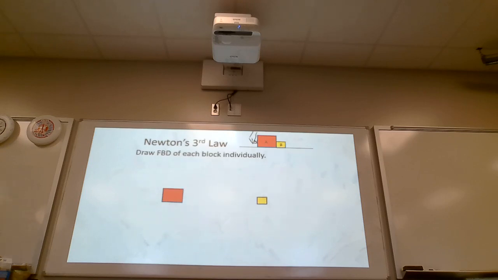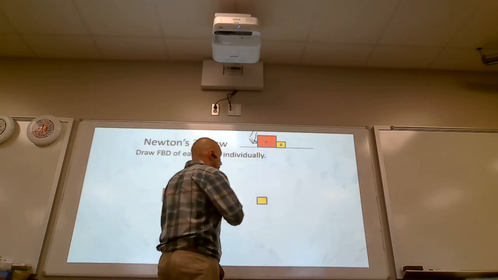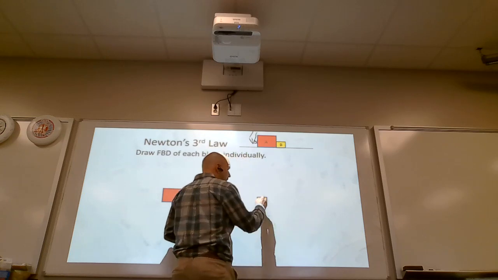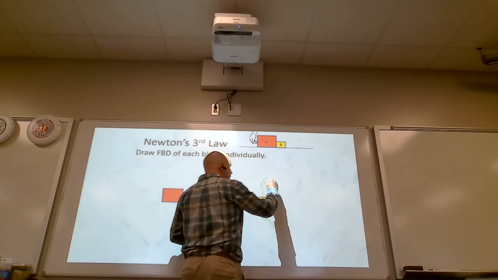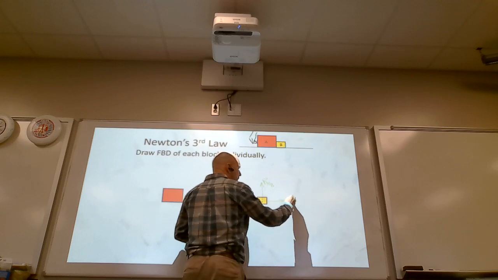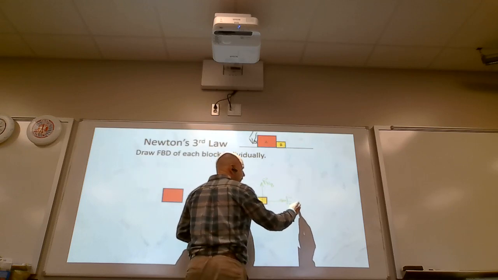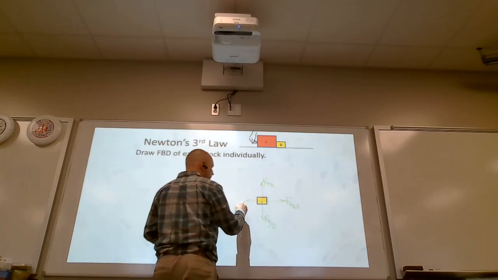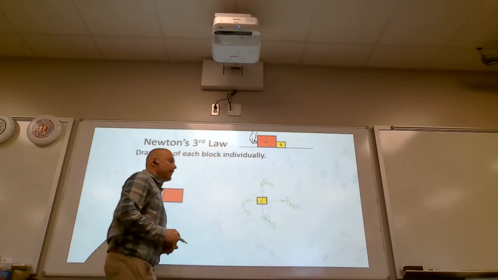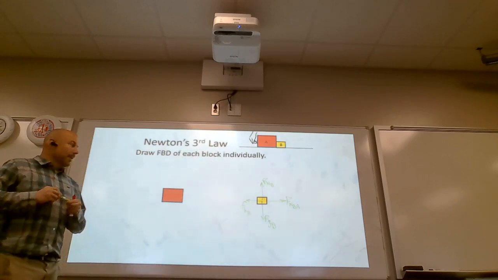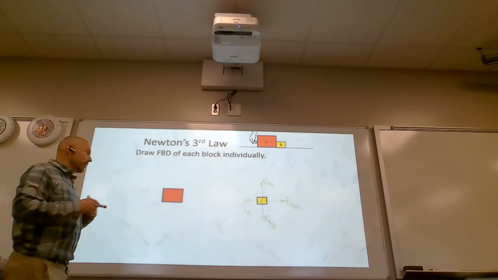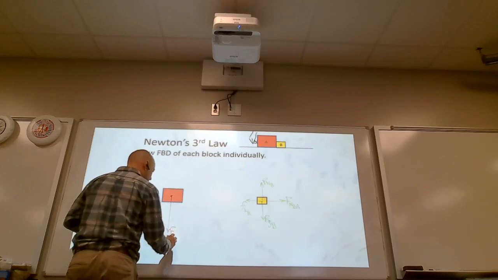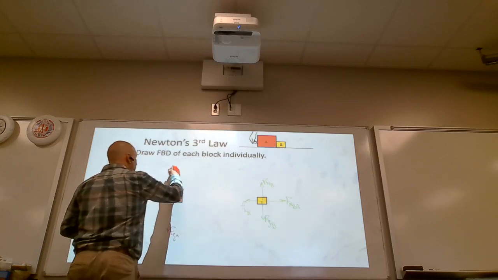So if we drew the free body diagram of both of these, on B we would have force of gravity on B. We'd have a normal force on B. We'd have, we'll call this a normal force on B from A. And we'd have a force of friction on B. And if we did the free body diagram for block A, we'd have its own force of gravity, its own normal force.